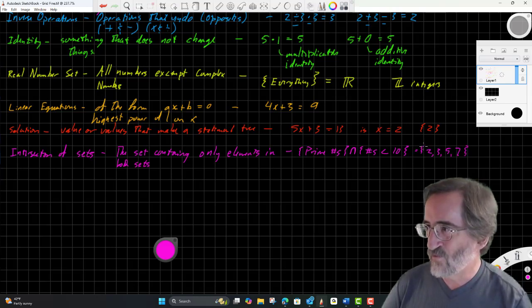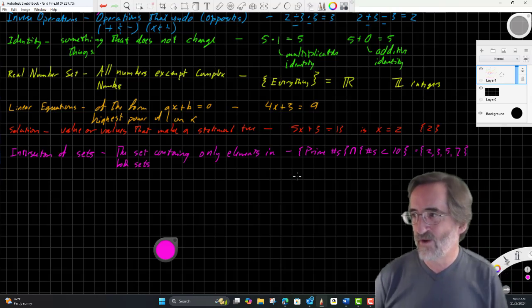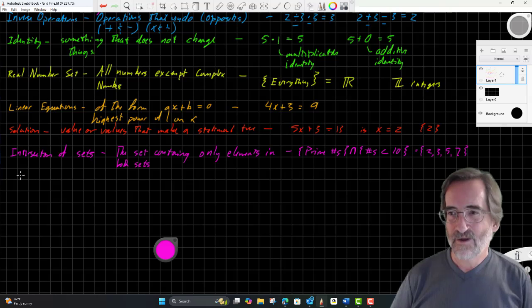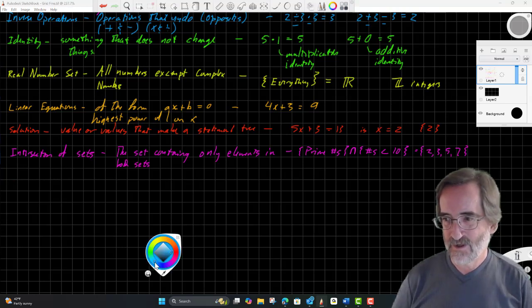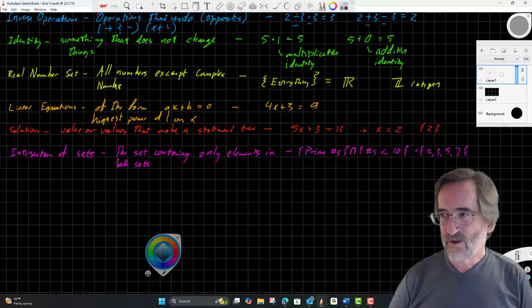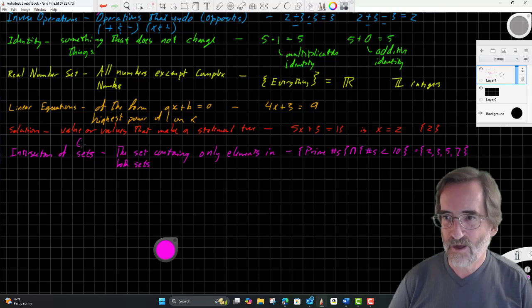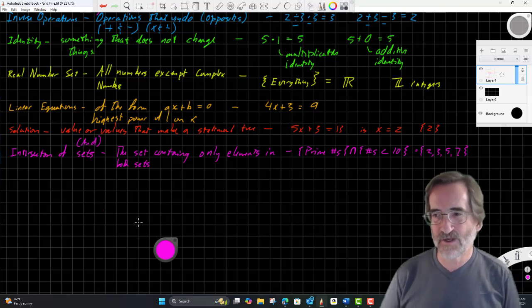Those are all the numbers that are both prime and less than 10. Okay. Intersection of sets. And we also include, by the way, the word and with that. When you see the word and, an intersection of sets is implied.